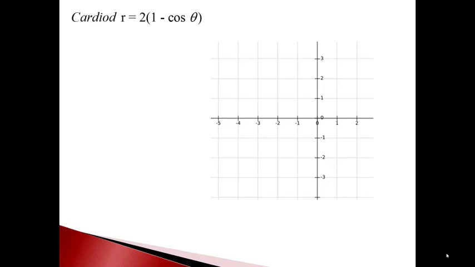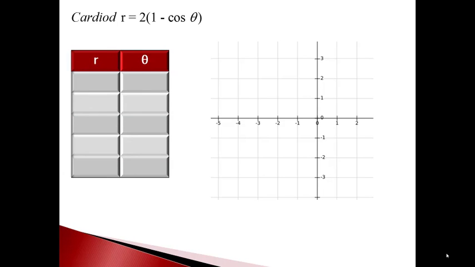Graph the equation r equals 2 multiplied by 1 minus cosine theta. We construct a table of values of (r, theta) and plot the corresponding points in the plane. When theta is 0, r is 0. The first point is at the pole. When theta equals pi over 2, r equals 2, we obtain the second point.